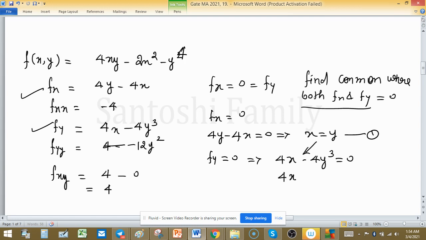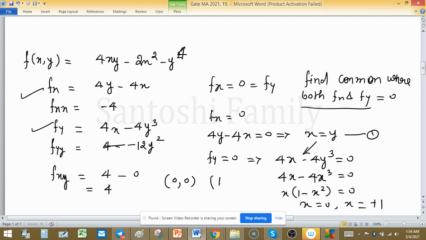So 4x minus 4x cube equal to 0. Taking x common, 1 minus x square is 0. This implies x equal to 0 or x equal to plus minus 1. So points are (0,0), (1,1) and (minus 1, minus 1).